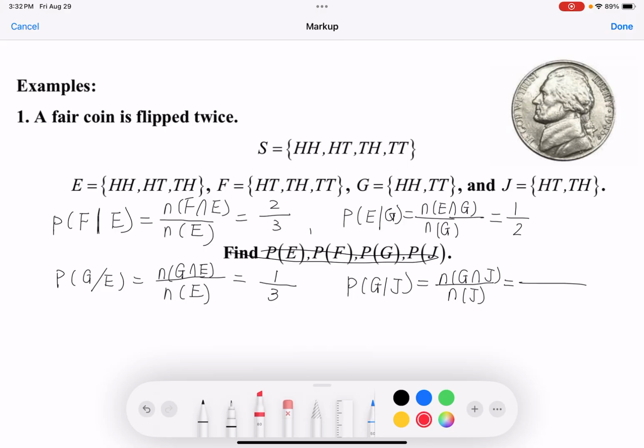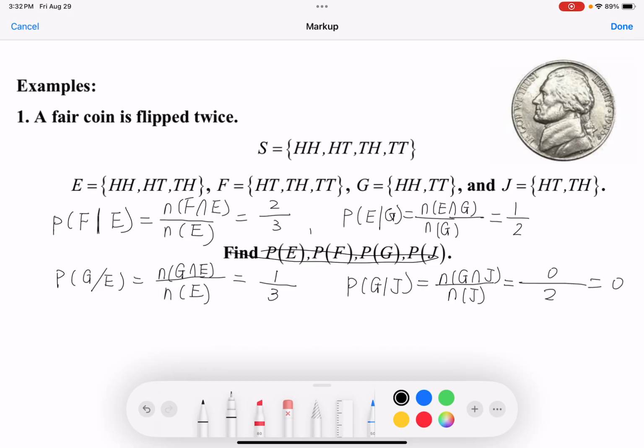G and J, let's highlight the common element. No, they don't have any common element. I'm going to put a 0 here because no common elements. So let's put 2 at the bottom because N of J has 2 elements. Okay, so 0 over 2, it is 0.